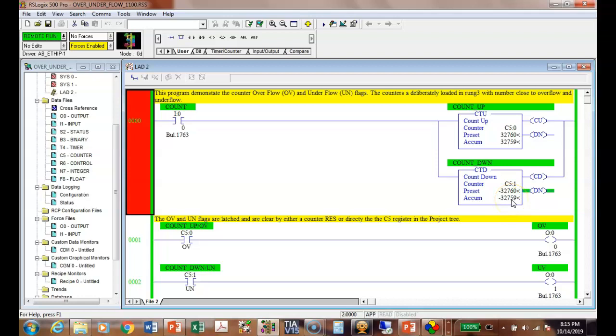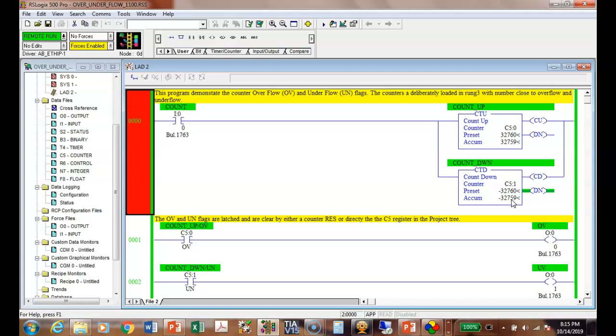So underflow and overflow, if you don't understand what those guys do, what are they doing for us? They're telling us when we exceed the range of our signed numbers. So if I try to count past 32,767, if I try to go to 32,768, it's going to switch over to the negative number, right?